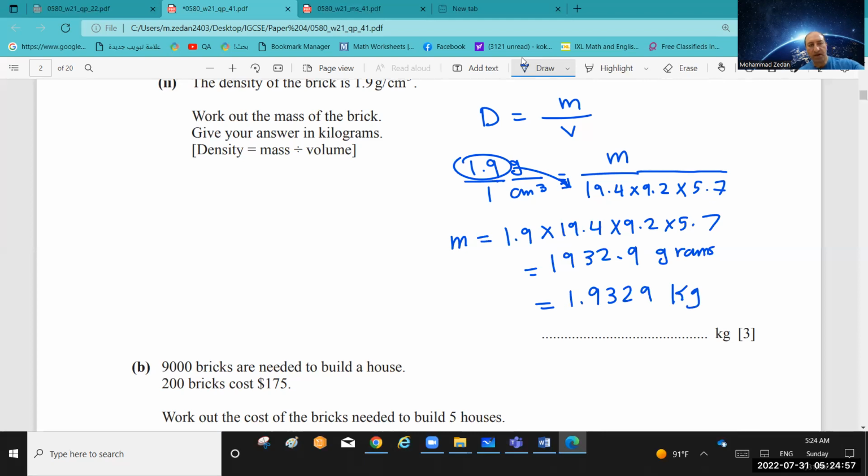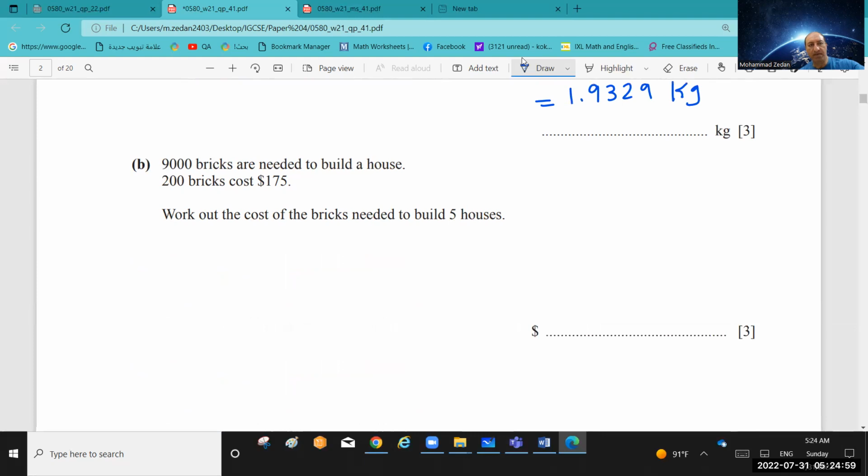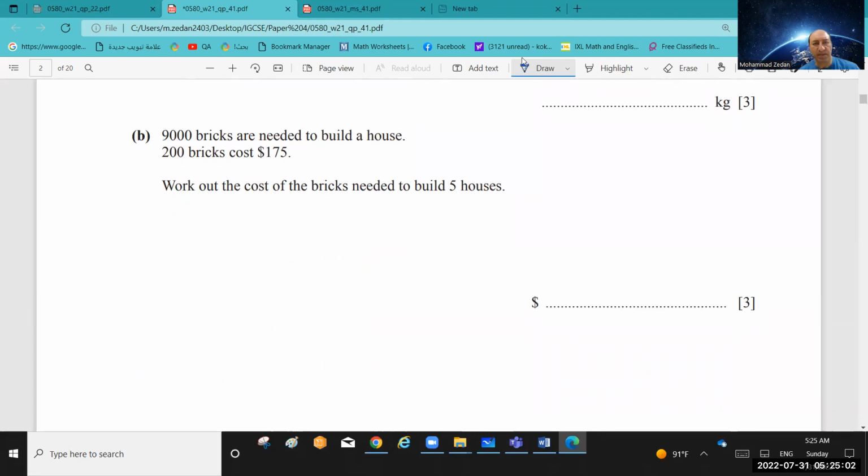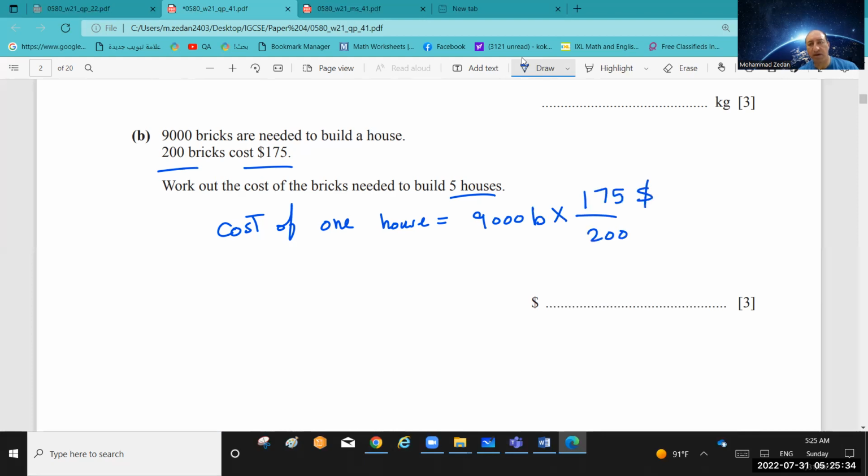Next question, number B. 9,000 bricks are needed to build a house. 200 bricks cost $175. Work out the cost of the bricks needed to build 5 houses. You need to calculate the cost for 1 house only. Multiply the 9,000 bricks times this rate, $175, and divide by 200 bricks.